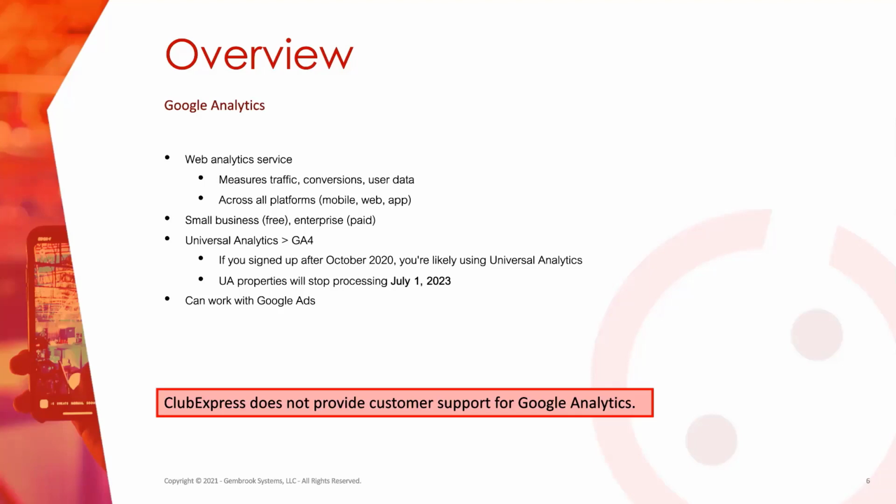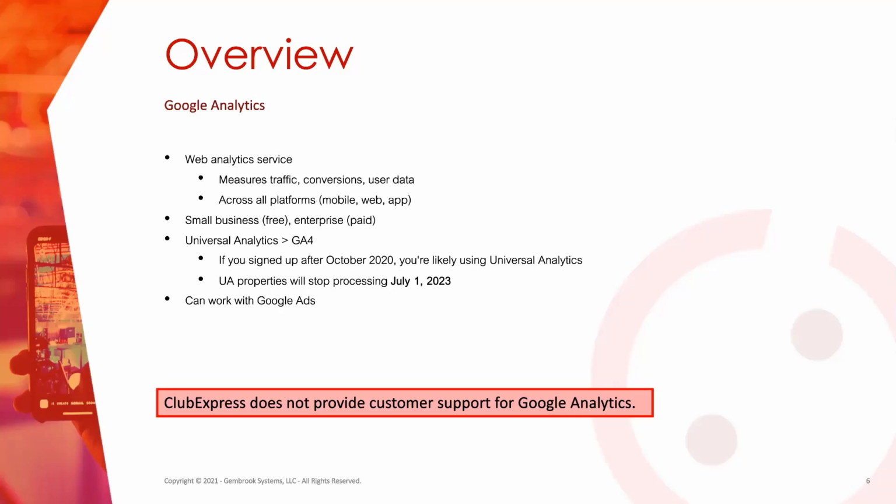So another thing to note, and we're going to talk about this as we go through our webinar today, and I mentioned this at the top of the hour, that because Google Analytics is a piece of third-party software, ClubExpress does not provide support for Google Analytics. So what does this mean for you? Well, it means that we're happy to help you with that setup process, the process that I'm about to go through now, actually setting up your analytics account, making sure that you have those dimensions that ClubExpress needs set up properly in your account.